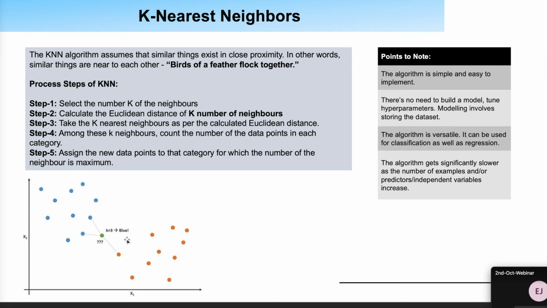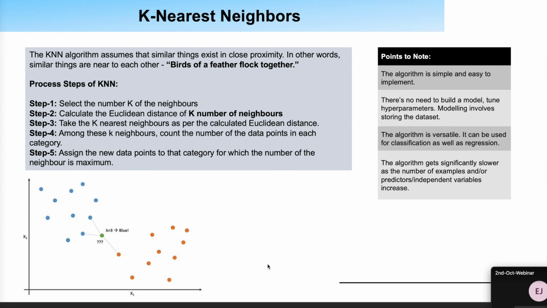That means if there are more blue points closer to this new point than orange points, then the class of the new point is determined as the blue class. Okay, a funny simple theory: birds of a feather flock together.